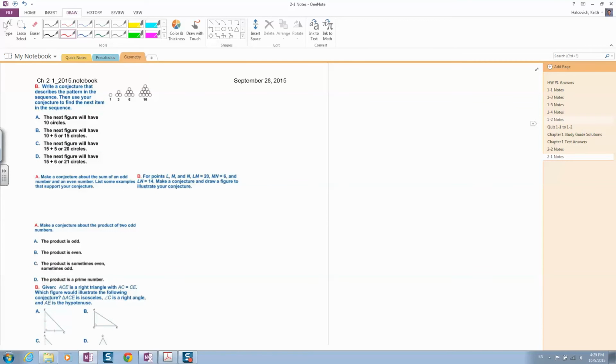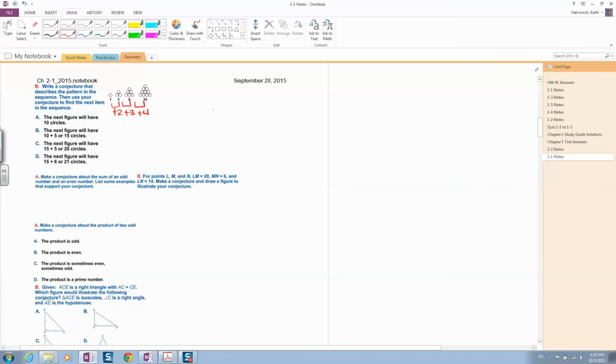Then it says write a conjecture that describes the pattern in your sequence. Then use your conjecture to find the next term. Well, here, if you notice, you go from adding 2, 3, then 4.